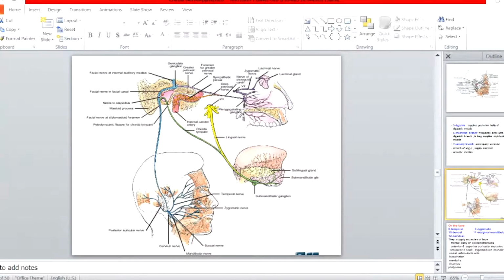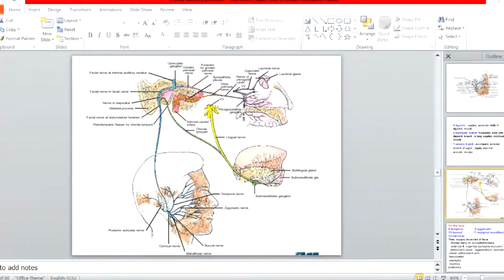So the facial nerve supplies all these muscles. The nerve to stapedius arises again while it's in the bony facial canal. It emerges from an opening for the supply of the stapedius muscle of the middle ear. Then it gives rise to the posterior auricular for the supply of the occipital belly of occipitofrontalis and the posterior auricular muscle.